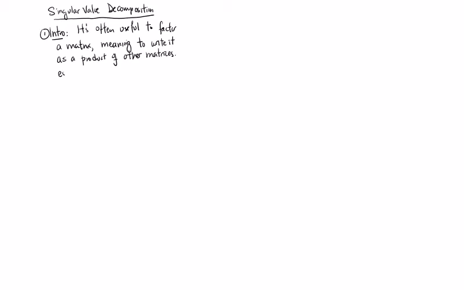So for example, an example you may have seen in linear algebra before is if you diagonalize a matrix. So we'll say given a matrix A, to diagonalize it means to write it as a product.